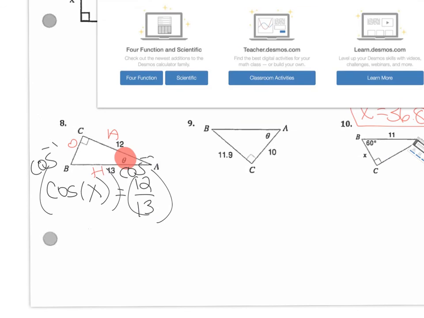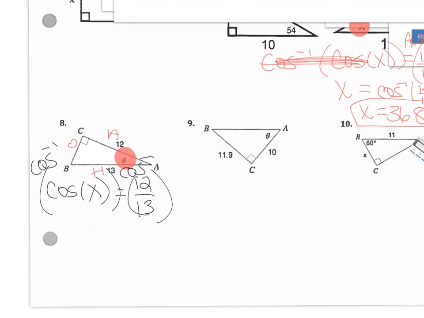I get 22.6. So x equals 22.6 degrees. Okay? So go ahead and try the last 2 problems on your own. And come see me if you have any questions.